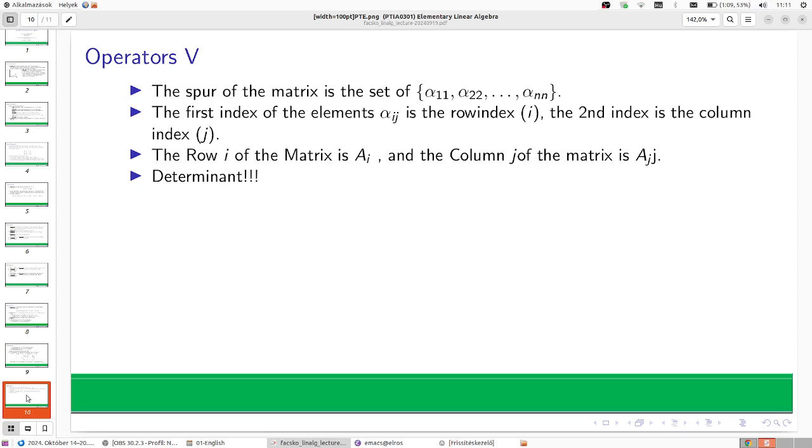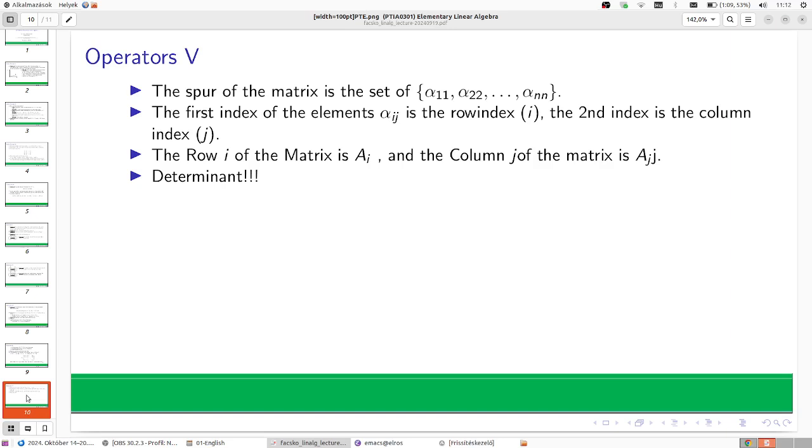So this A times x is nothing more than 1 times 1 plus 2 times 2 plus 3 times 1, and then here 1 times 1 plus 0 times 2 plus 1 times 1.